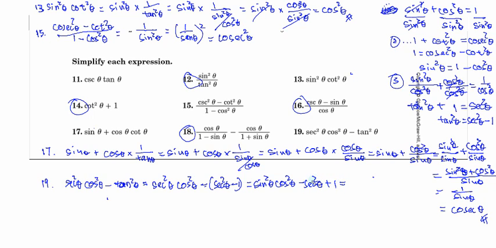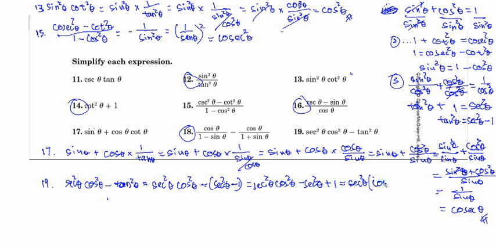Now, let's look at the first and second terms. They have a common factor. Oh, sorry, this is secant. Teacher wrote it wrongly. Actually, this is secant square theta. So the first term and the second term have a common factor, which is secant square. So I'm going to combine them and take out the common factor, secant square theta.